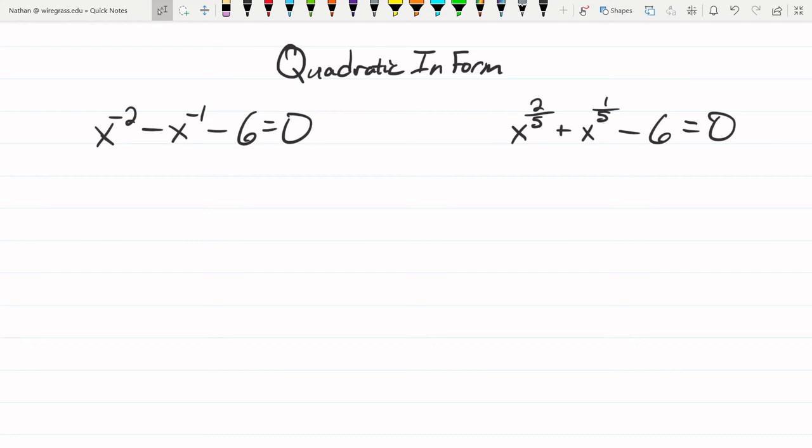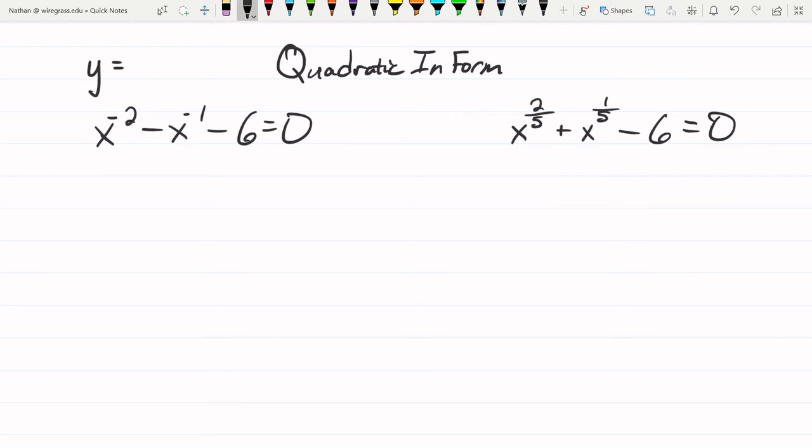But you can do this with any polynomial equation that you want, as long as it satisfies the correct form. And these do, because if I were to ignore the negatives here for this left-hand equation, this is a quadratic. So this can be changed to be quadratic in form, and I can do that by giving a different variable.